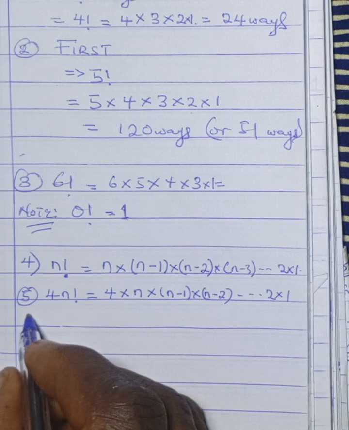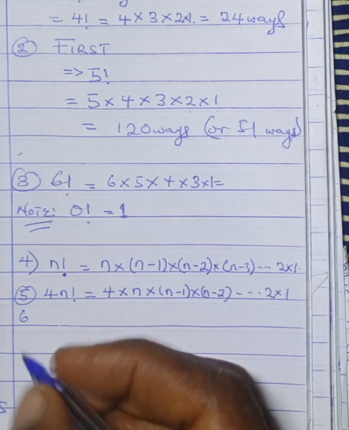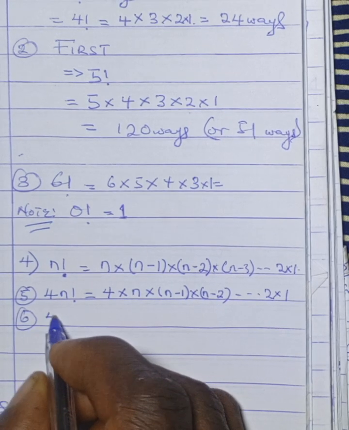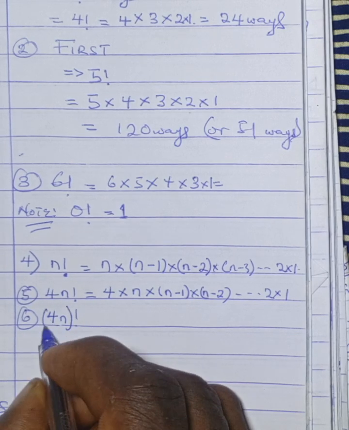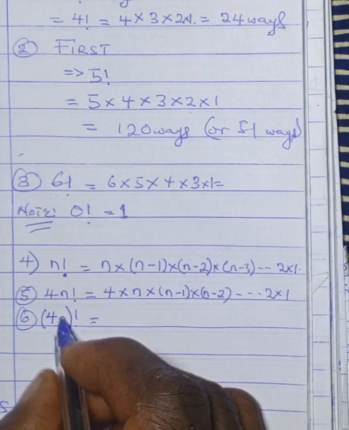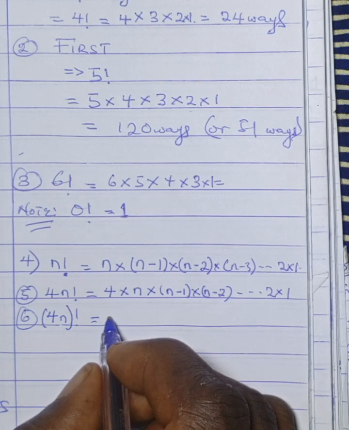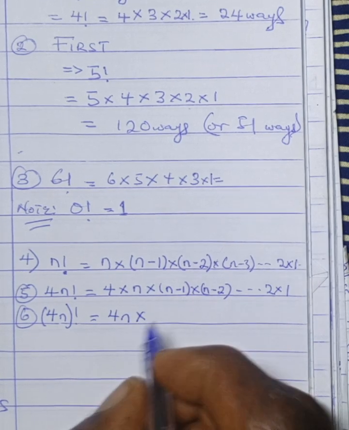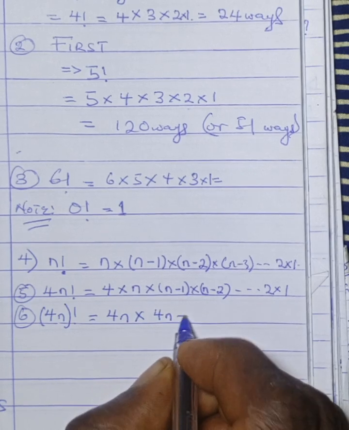How about if we have number 6? What if we have 4n factorial all together? What would this one be? Since the factorial is for both multiplied product, it's going to be 4n times 4n minus 1.